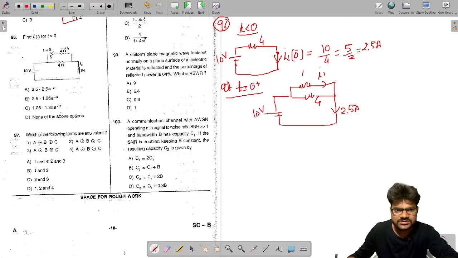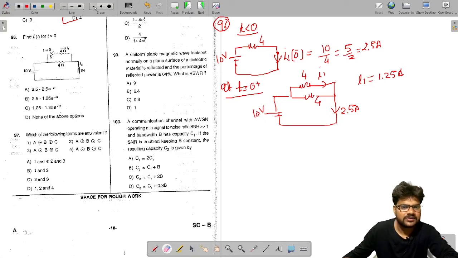Two equal 4 ohm resistances are connected in parallel, so the current will be equally divided. So i1 will be half of 2.5, that is 1.25 ampere. So this is i(0+), at t equals 0 plus, 1.25 ampere.